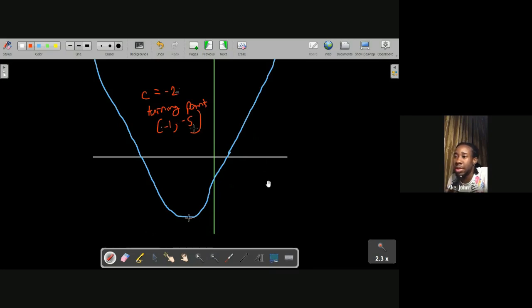So it intercepted the y-axis at -2. So we could consider this to be -1 here, and this could be considered to be 0, the origin.